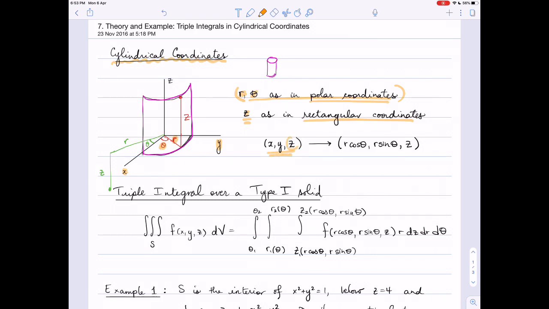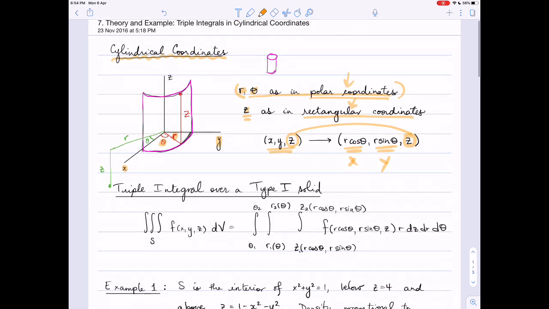The only thing that needs converting is the x and the y, because the z remains in rectangular coordinates, and x and y just get converted as if they were in polar coordinates. So it's super simple. Cylindrical coordinates is a mix of polar and rectangular coordinates.